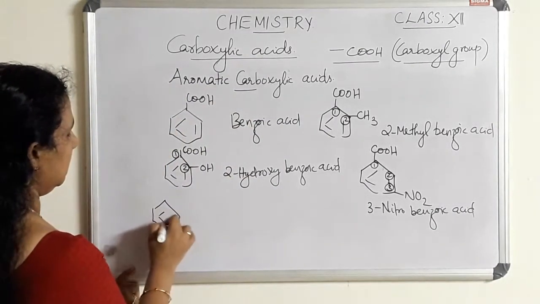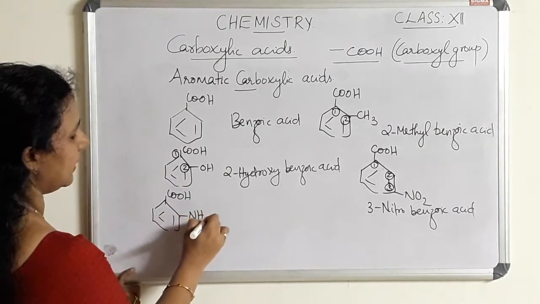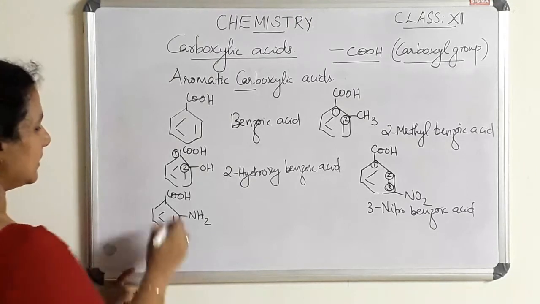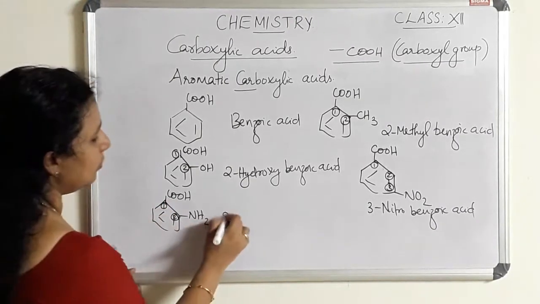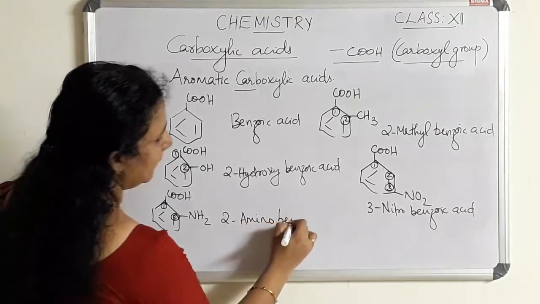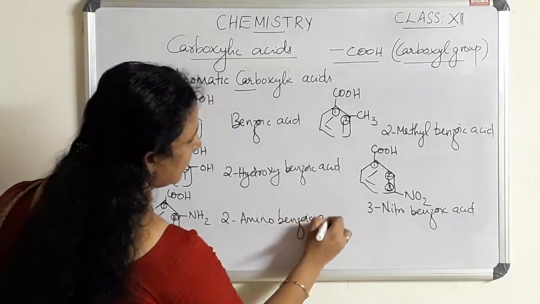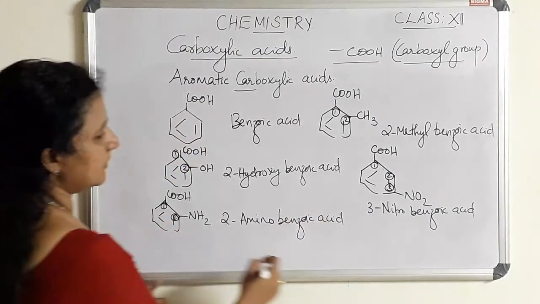Then, if an amino group is attached, NH2 group is attached, now it is named as 2-amino benzoic acid. It is 2-amino benzoic acid.